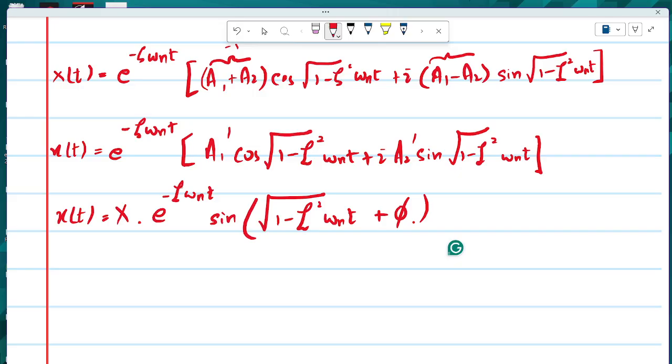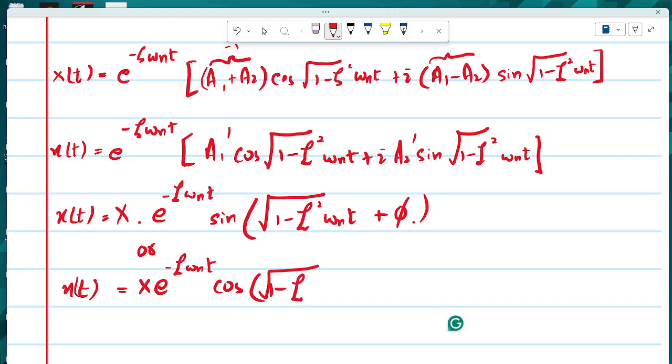Or you can write it in a cosine form: x0 e^(-ζωn t) cosine of (√(1 − ζ²) ωn t minus φ).